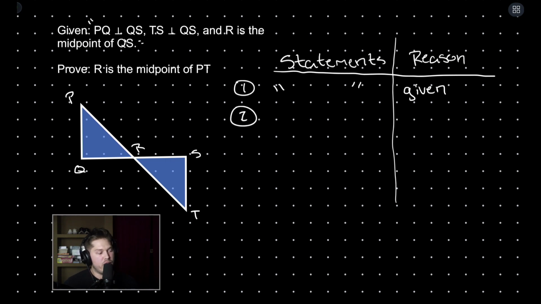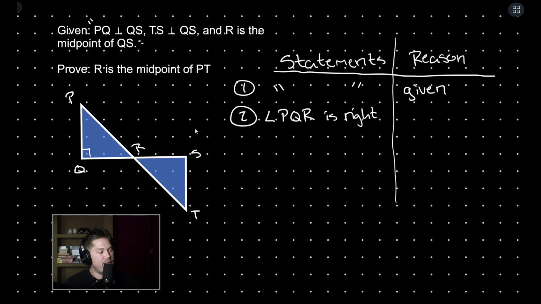We're told that PQ is perpendicular to QS. Okay, so that implies that that's a right angle. So we know that angle PQR is right. And then what else do we know?